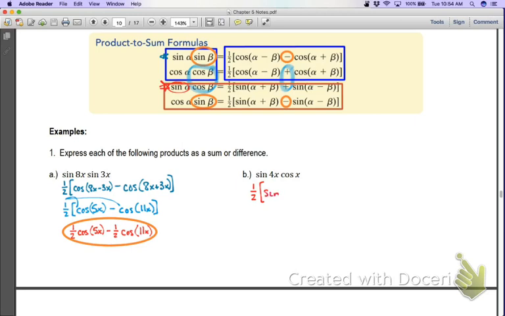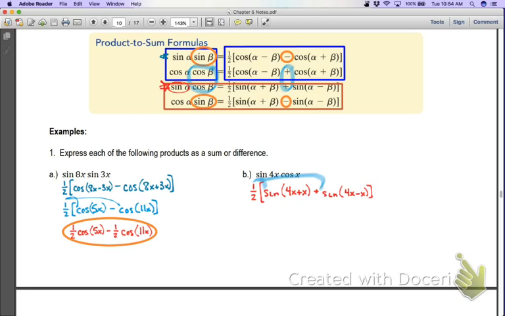sine of my two values added together, so 4x plus x, plus sine, since they're different it's going to be sines across the board, 4x minus x, close the bracket, and then kind of go from there. Again, it's completely up to you. If you want to distribute that 1/2 to everything here, I have no issue in doing that.